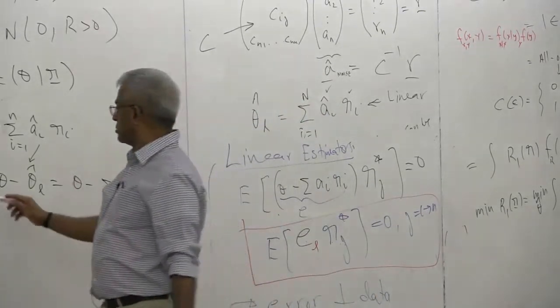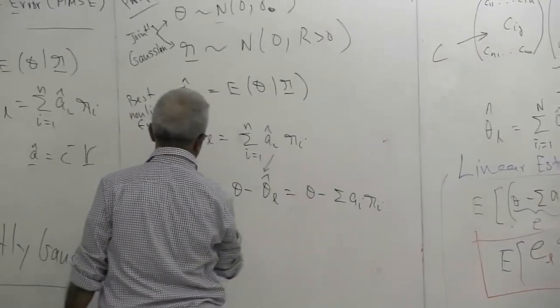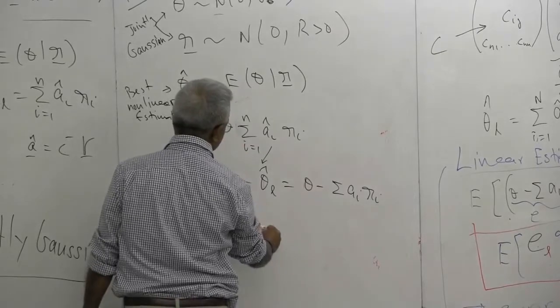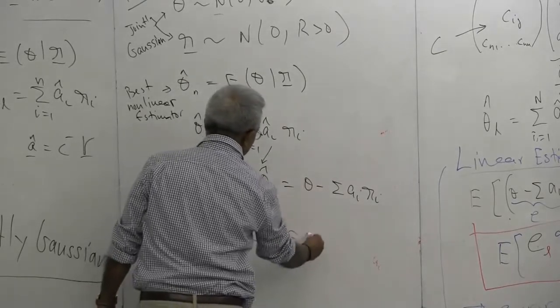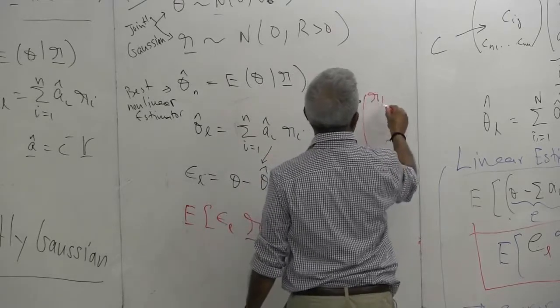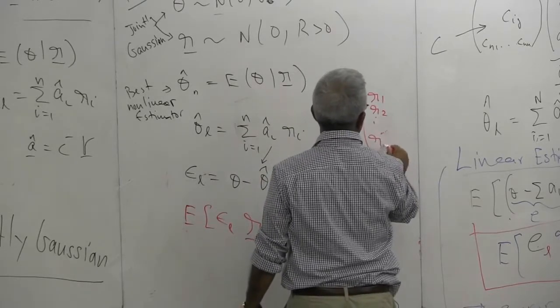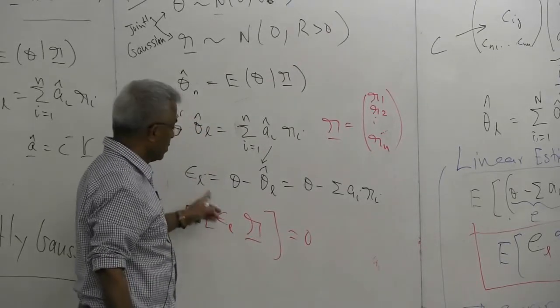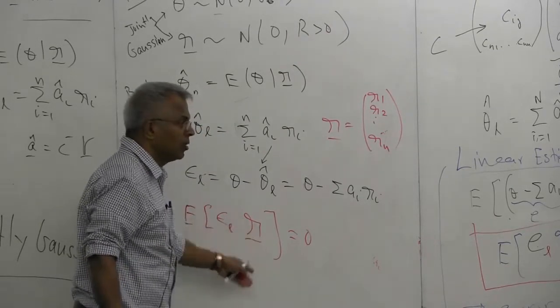So error is orthogonal to all the data vectors, right? I can write it like this. This error is orthogonal to R1, R2, etc., Rn.